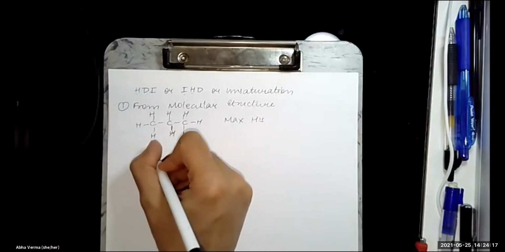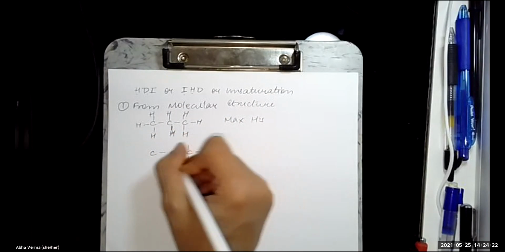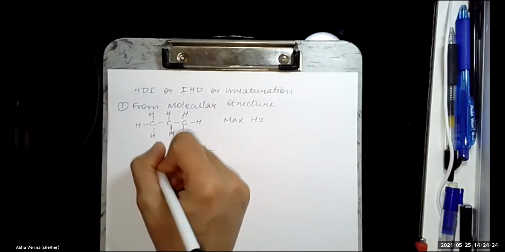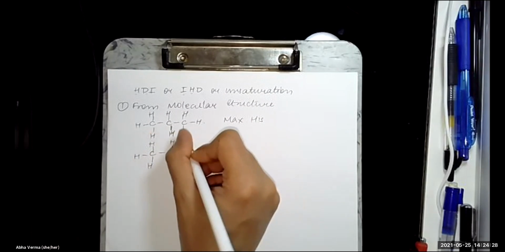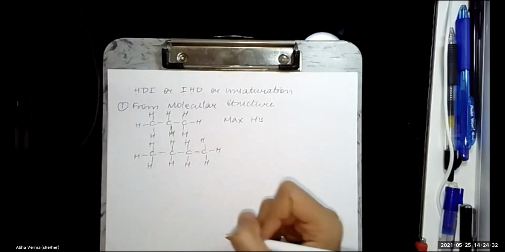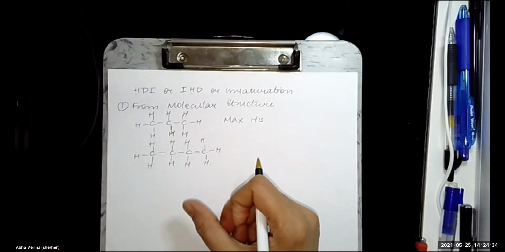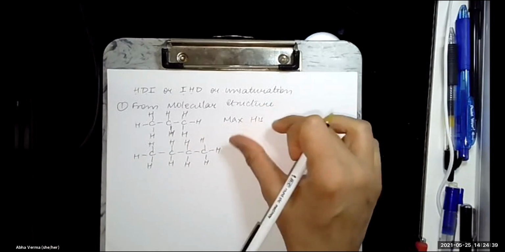So for example, if you have C4, these are the maximum number of hydrogens that 4 carbons can contain. So there is this molecular formula for hydrocarbons. What are hydrocarbons?